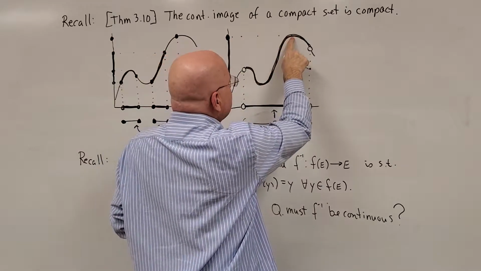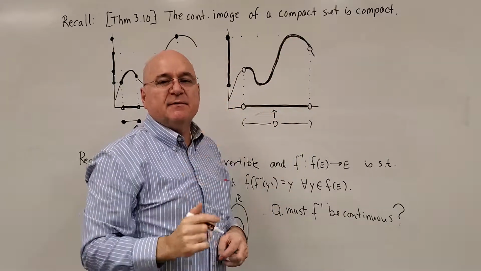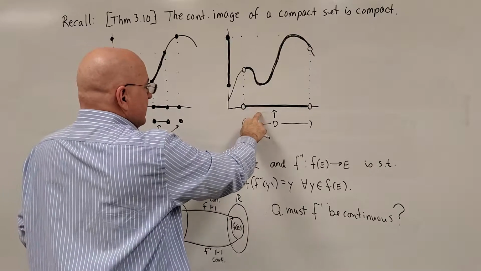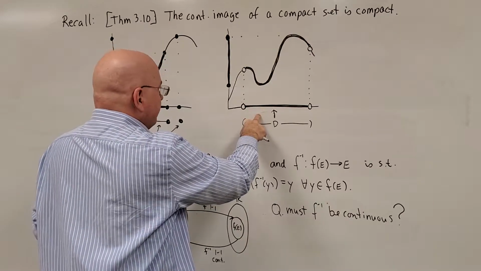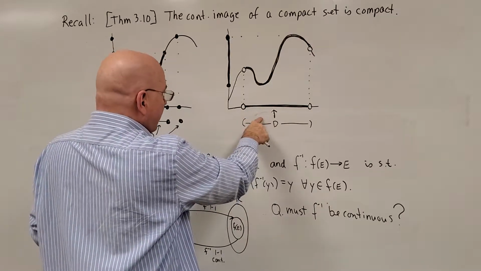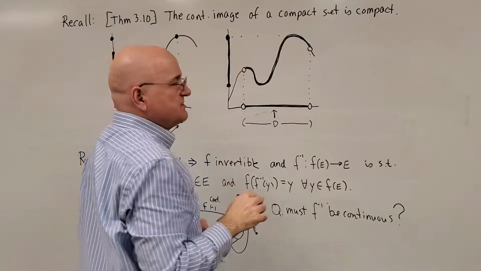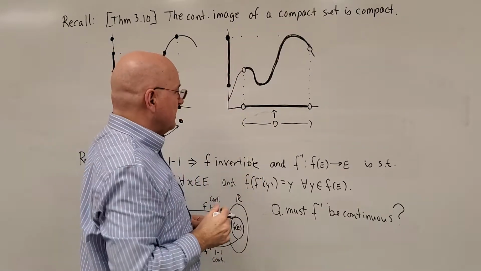It wouldn't quite reach its maximum value. So one more time, here's an open interval. It's not compact, yet f of this interval gave us a closed and bounded interval, a compact set.